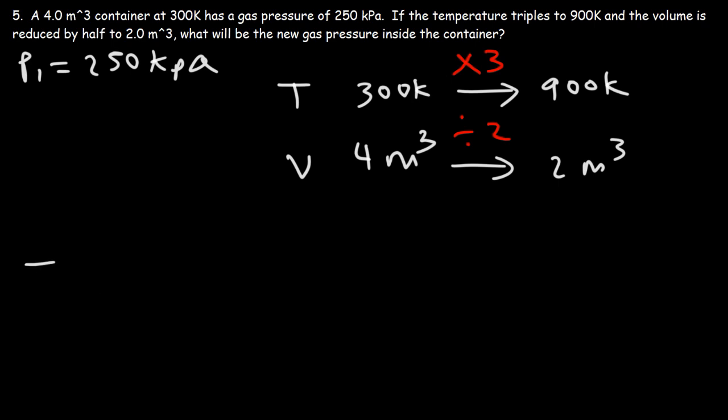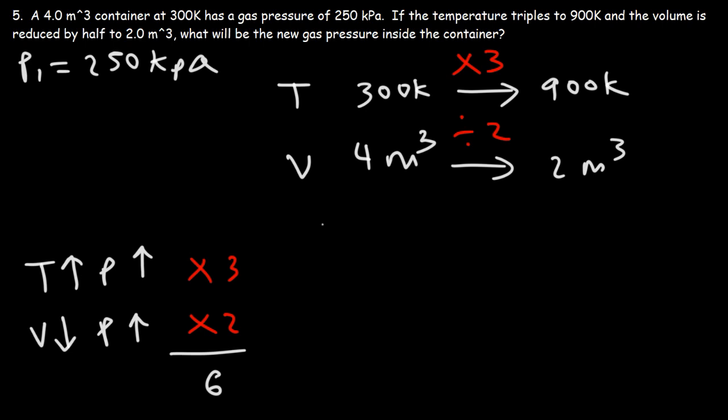Now we know that when the temperature goes up, the pressure goes up. So because the temperature increased by a factor of 3, the pressure will increase by a factor of 3. Now, when the volume goes down, the pressure will go up because they're inversely related. So because the volume decreased by a factor of 2, the pressure will increase by a factor of 2. So 3 times 2 is 6.